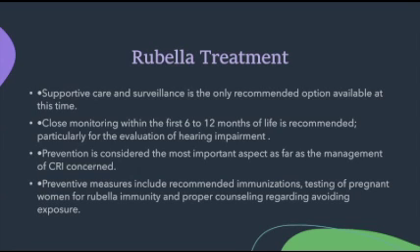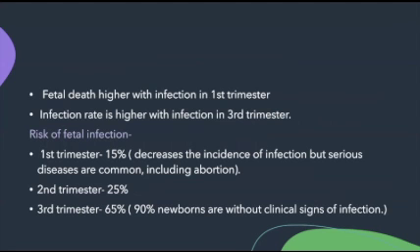Prevention is considered the most important aspect of the management of congenital rubella infection, and preventive measures include recommended immunization, testing of pregnant women for rubella immunity, and proper counseling regarding avoiding exposure.